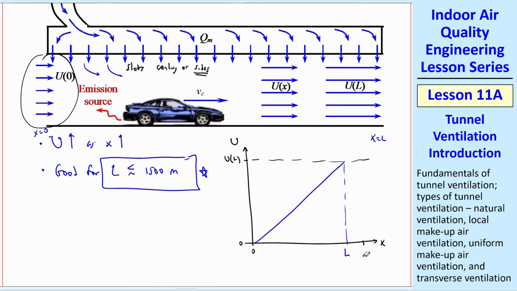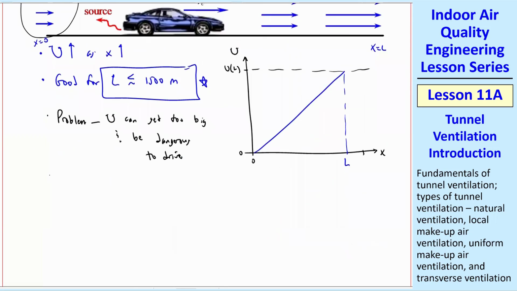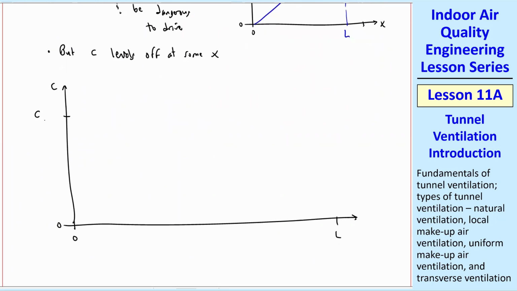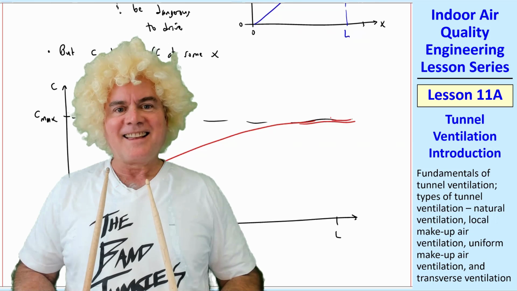And so the problem with this ventilation system is that U can get too big and be dangerous to drive. The good thing is, though, with this system, as far as contaminant, C levels off at some X. There will be some C max, and it turns out to be a first order ODE, and it ends up leveling off.